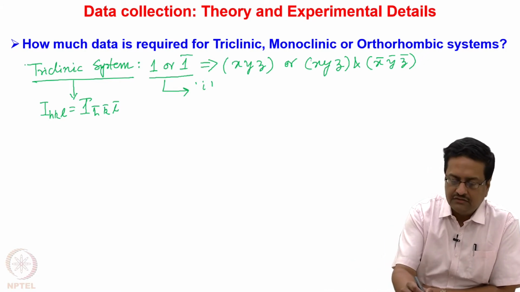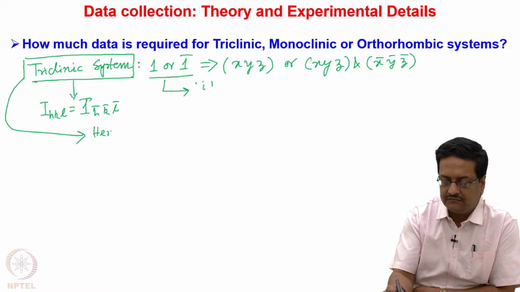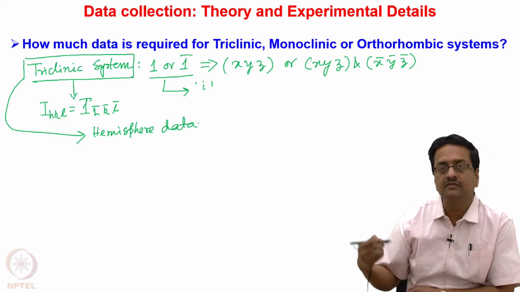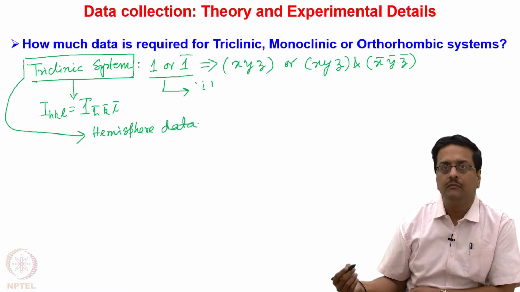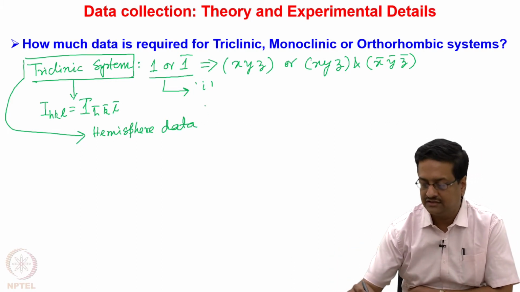So, that means for a triclinic system, we should only collect the hemisphere data. And that will constitute the full amount of data that is needed for a triclinic system.